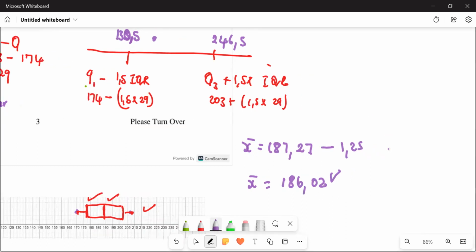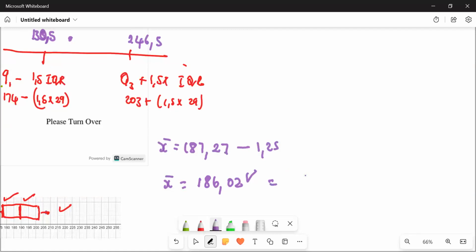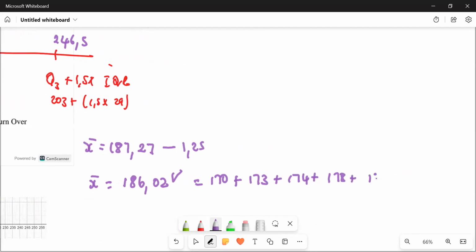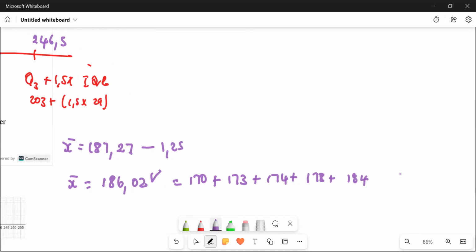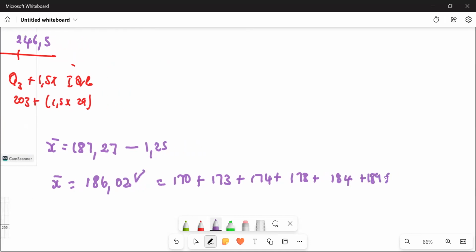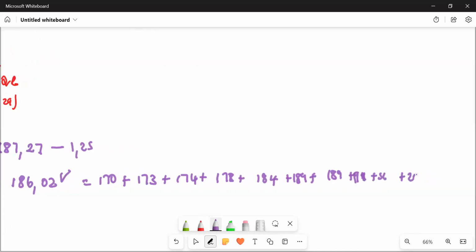Now let's get the height. How do we get the height? This is going to be given by all the players. So what is all the players? We have 170 plus 173 plus 174 plus 178 plus 184 plus 189 plus 189 plus 191 plus x, and then plus 203 plus 206.